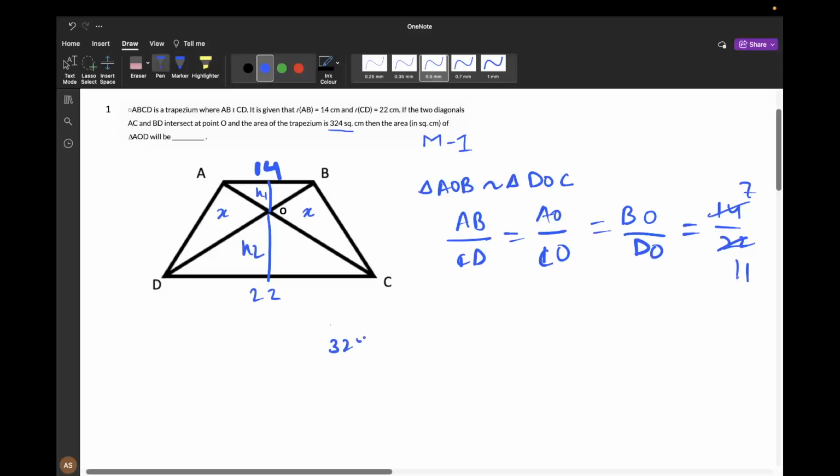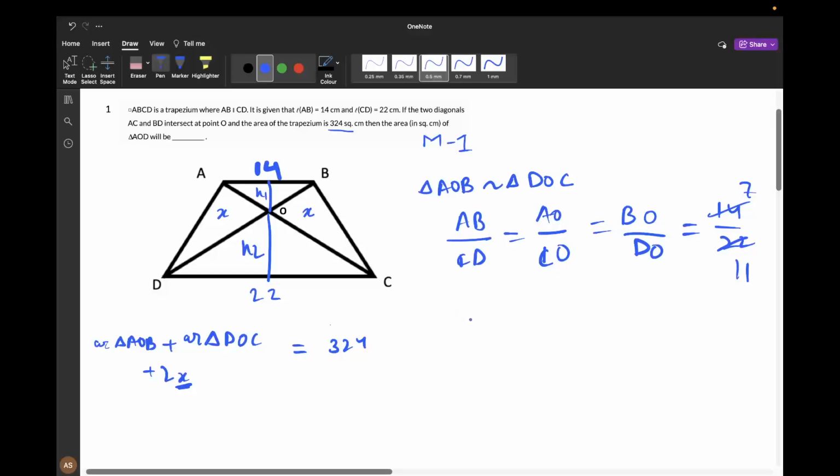So we write 324. And it is basically the sum of the area of triangle AOB plus the area of triangle DOC, and plus the two areas of triangle AOD and BOC, that is 2x. This x is what you're supposed to find. So let's see if we can find AOB and DOC.